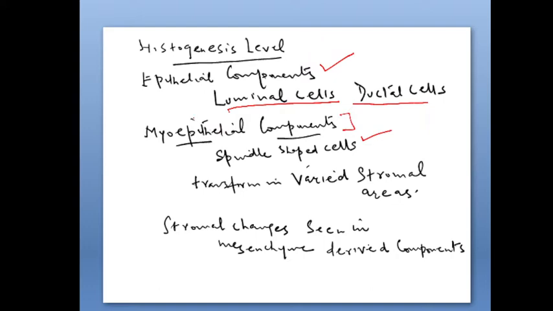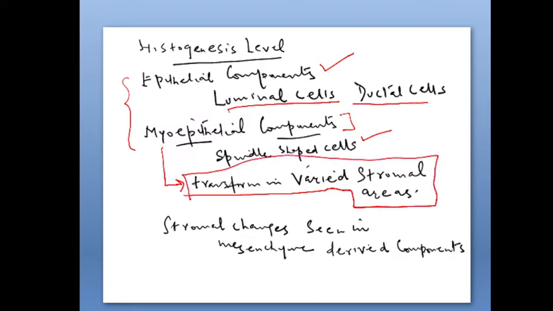Both of these components can transform into various cellular structures, and particularly the myoepithelial component transforms into varied stromal areas.